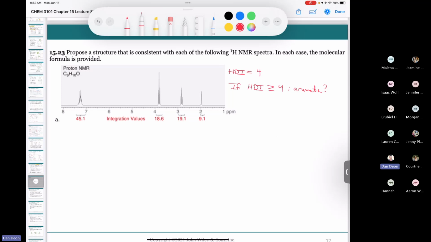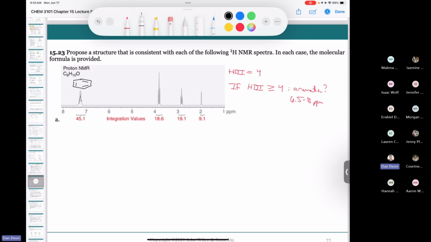Remember that aromatic protons come out between 6.5 to 8 parts per million. And we have some aromatic protons, so we probably have an aromatic ring in our compound. I'm going to scribble that down: we probably got an aromatic ring in here.